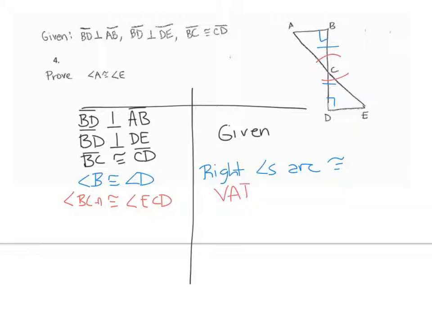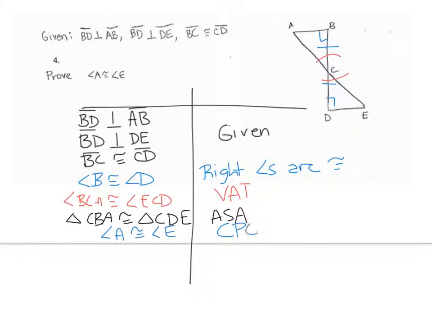So now I can say the two triangles are congruent. Triangle CBA is congruent to triangle C, B matches up with D and then E, by angle, side, angle. So now once the two triangles are congruent, I can show that the two angles are congruent by CPCTC. Triangles first and then prove the CPCTC.